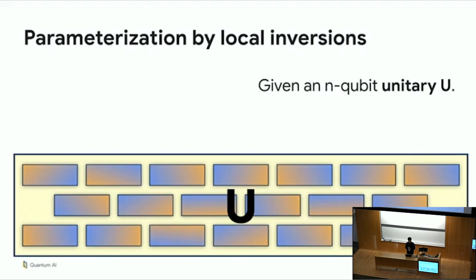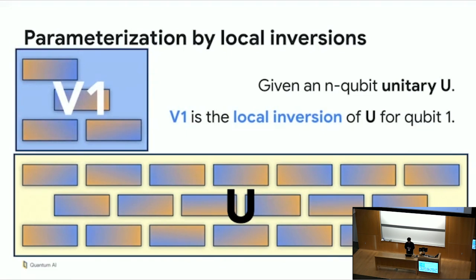To define this parameterization, let me first define what local inversions are. Suppose we have this n-qubit unitary U, and say V1. We say V1 is the local inversion of this n-qubit unitary U for qubit 1. While I draw U to be a shallow circuit, the notion of local inversion can be defined in general for any unitary U. It doesn't have to be shallow.